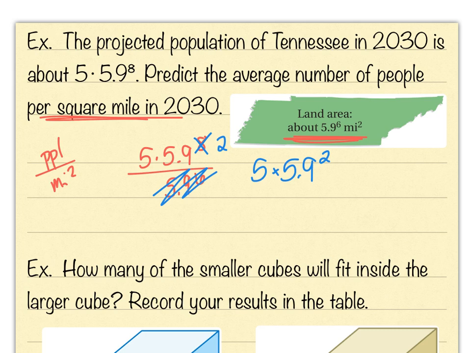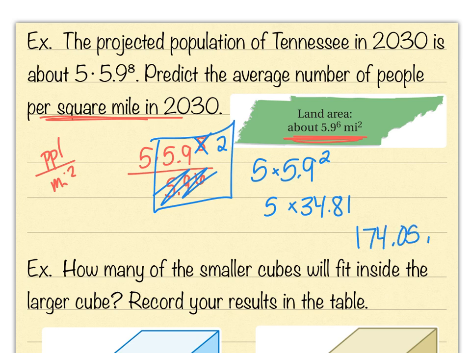Again, using the quotient property, I was able to simplify 5.9 to the 8th over 5.9 to the 6th to just 5.9 squared. 5.9 squared is 34.81, and then I multiply that by 5 to get my final answer, 174.05, and that's people per square mile. So that's about how many people would live in each square mile of Tennessee in 2030.